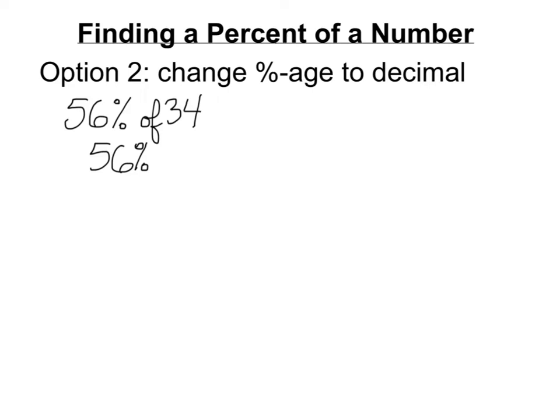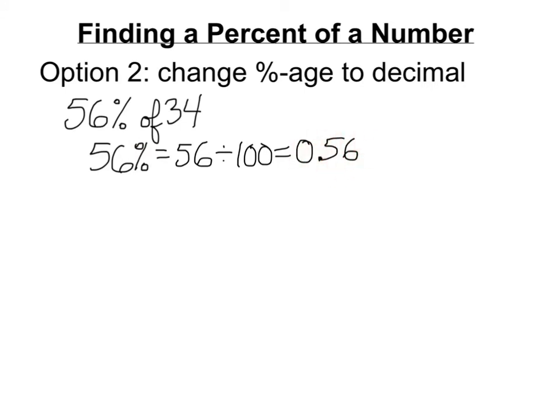So 56%, well, percent means divide by 100. Move the decimal 2 times, 0.56. So that means that 56% is the same as 0.56.